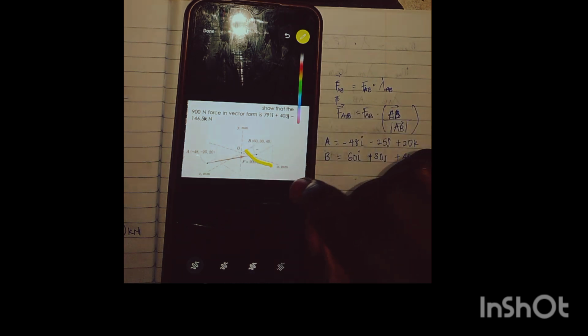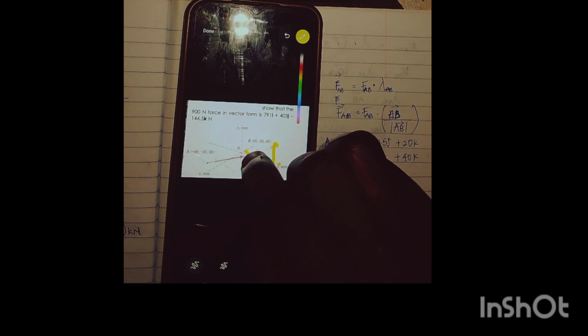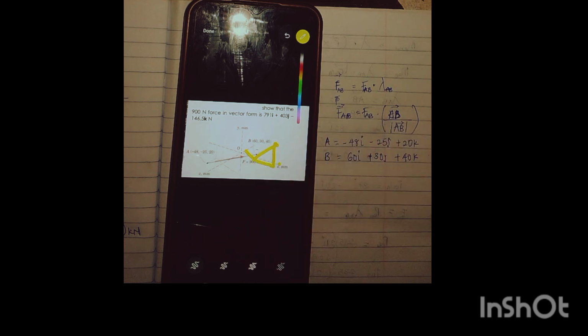This is how they also go about this. So from O to this particular point here, you are going towards the positive of x. Then from here to here, the positive of y. Then also from here to here, you are heading towards the positives of z. That's how they go about it.